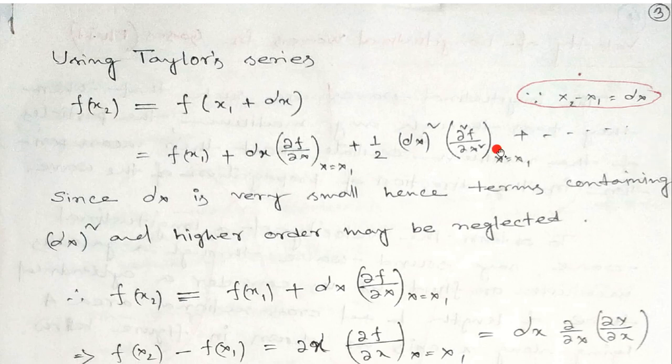Now, if we assume that delta x is very small, then the terms containing delta x square and higher order terms may be neglected, because delta x square, delta x cube, delta x to the power 4 will be smaller and smaller. So, neglecting all these terms, we can write f(x2) equal to f(x1) plus delta x del f del x at x equal to x1.